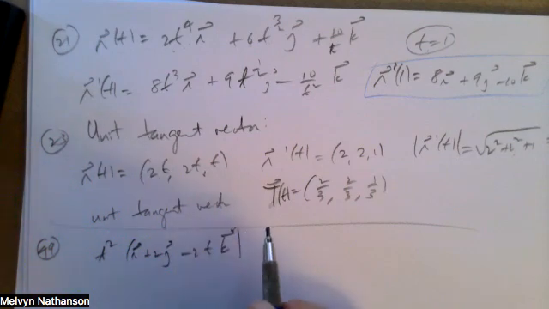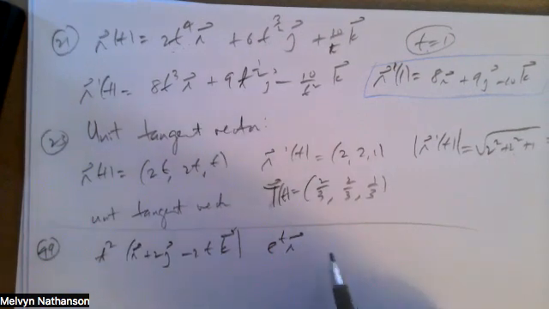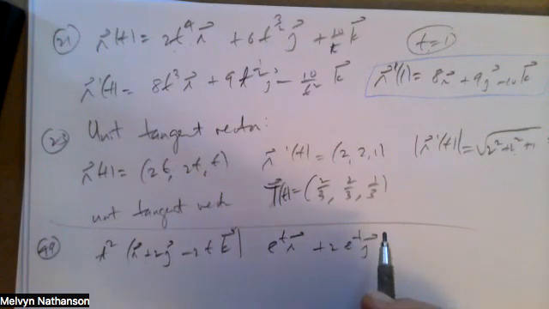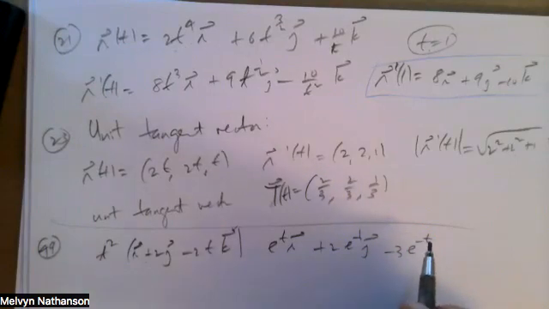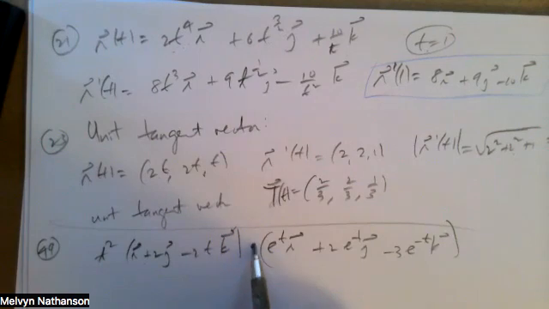And then we have another vector, e to the t i plus 2e to the t j minus 3e to the minus t k.